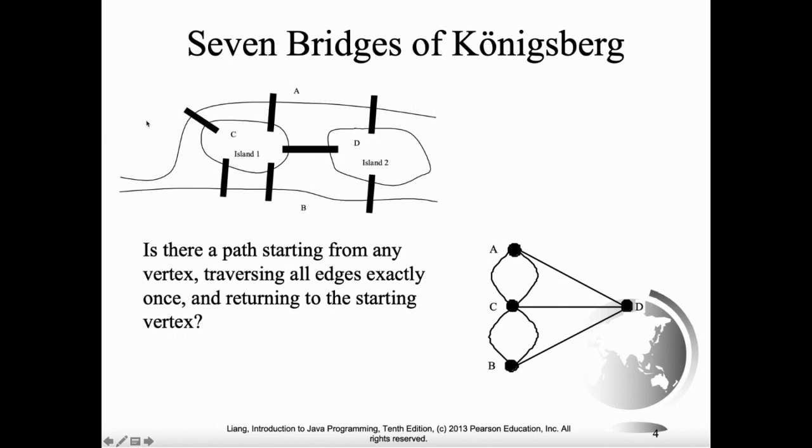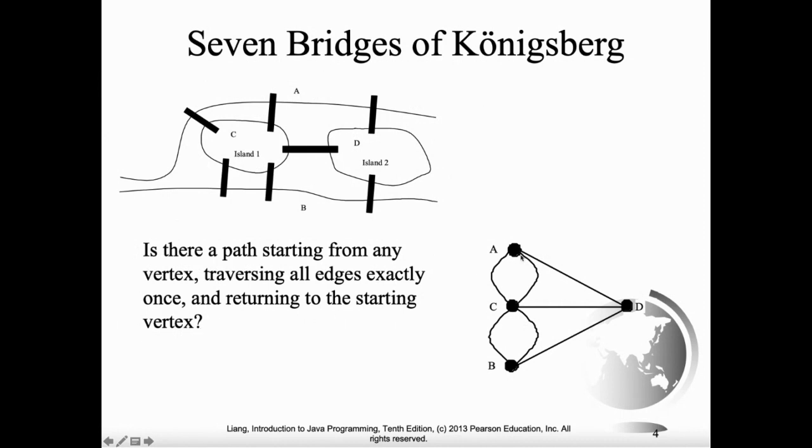We had some land A, and some land B, and then these two islands C and D, and we wanted to connect them using bridges. The question was to model this as a graph like you see on the right side. And the question they wanted to answer is: is there a path starting from any vertex, traveling all edges exactly one time only, and returning to the starting vertex?